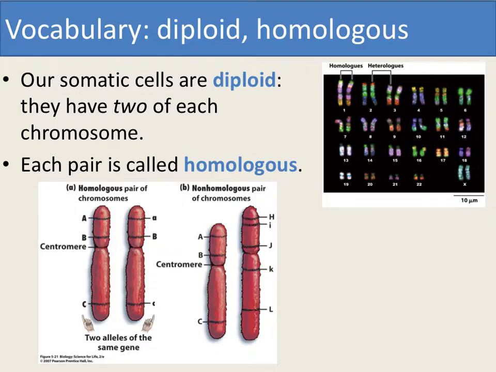And what are the ones that don't give rise? Somatic. Right? Or autosomes.